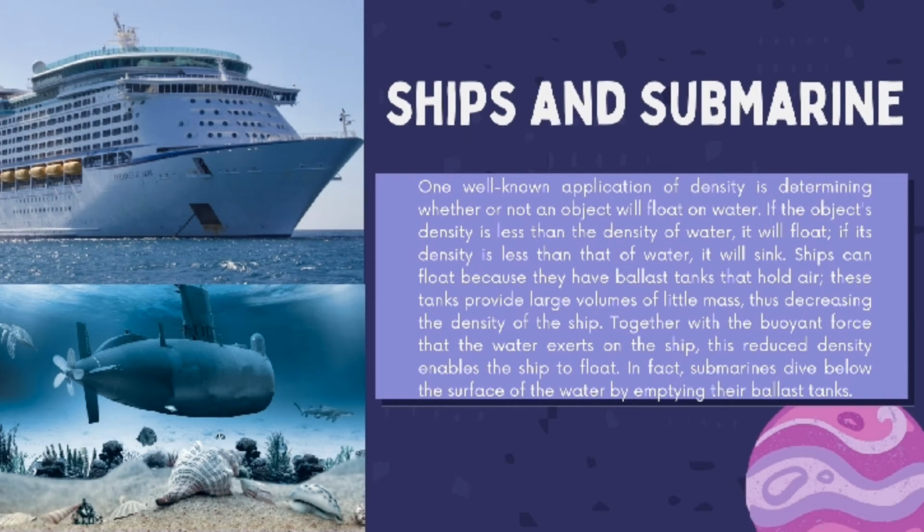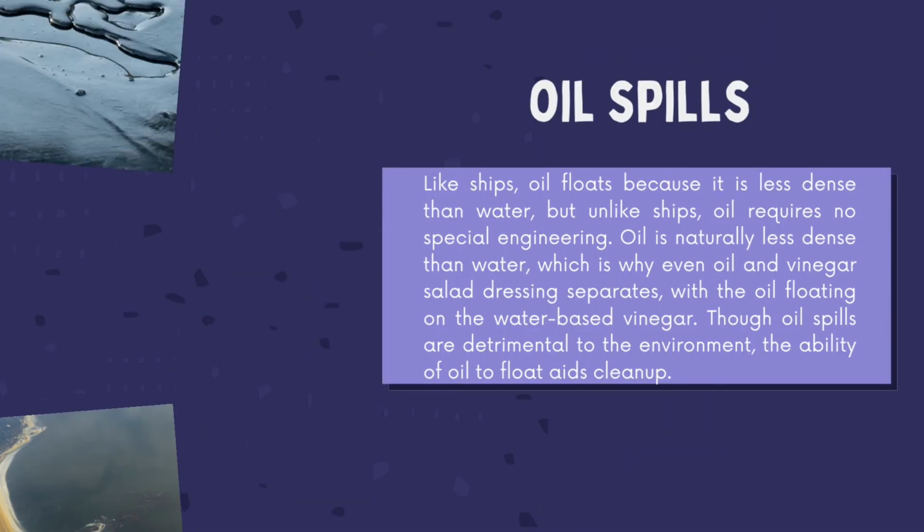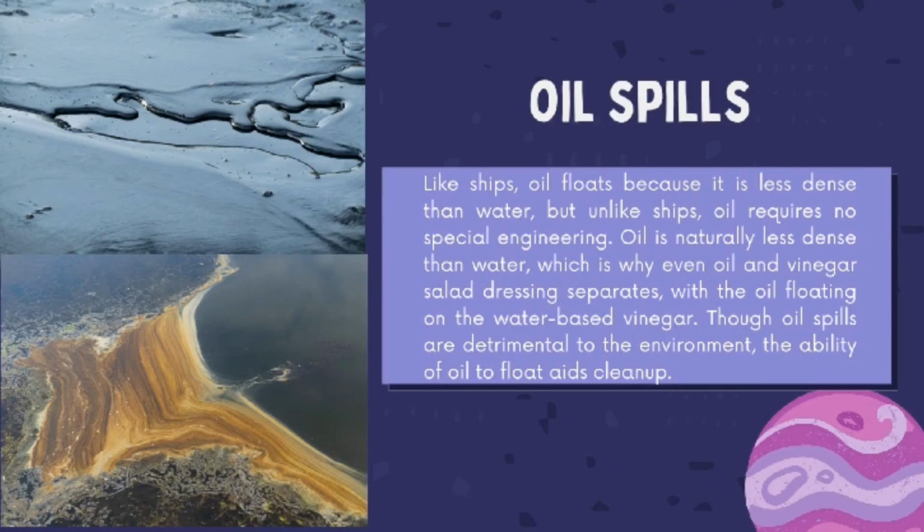In fact, submarines dive below the surface of the water by emptying their ballast tanks. In oil spills, like ships, oil floats because it is less dense than water. But unlike ships, oil requires no special engineering. Oil is naturally less dense than water, which is why even oil and vinegar salad dressing separates, with oil floating on the water-based vinegar.